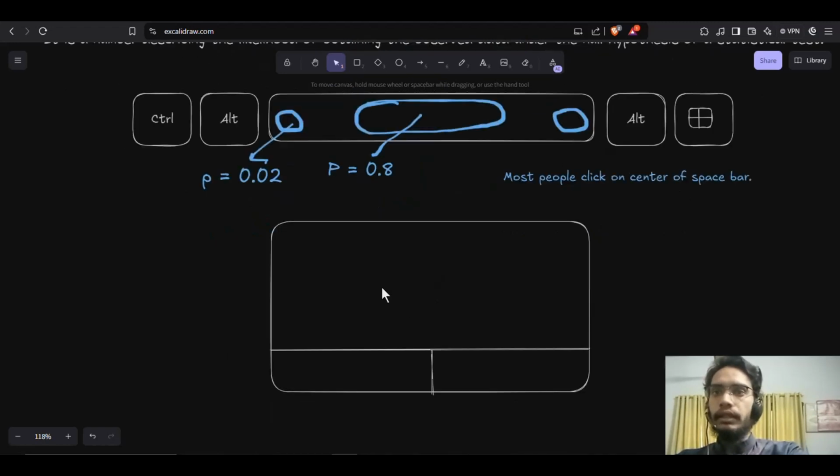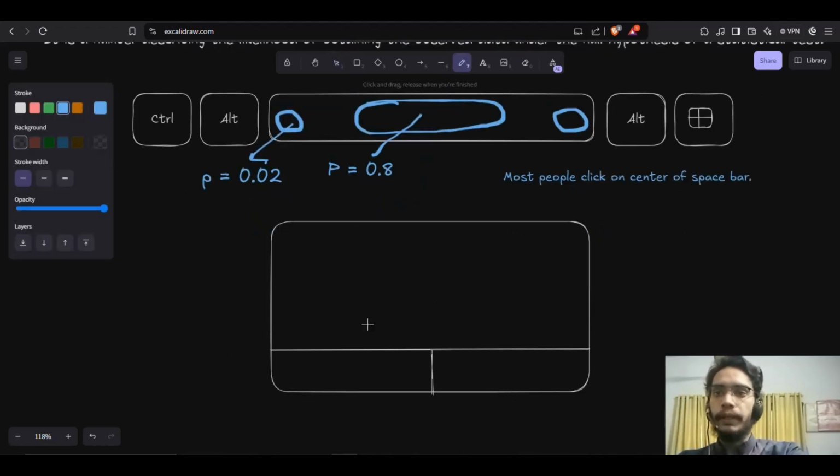Let's take another example from this mouse pad. Let's say this is the mouse pad on your laptop, and if I draw a distribution here, you can see that this area is in a bell curve, with about 90% of the area like this, right?